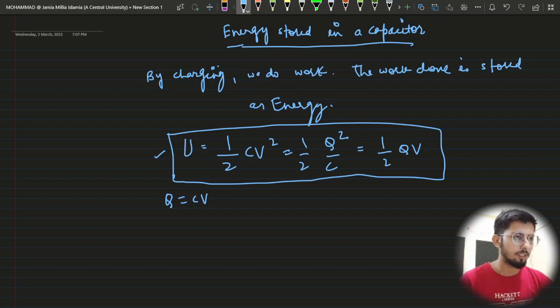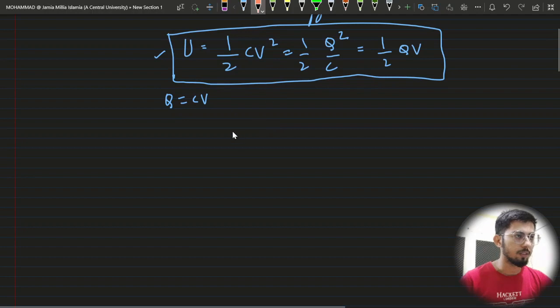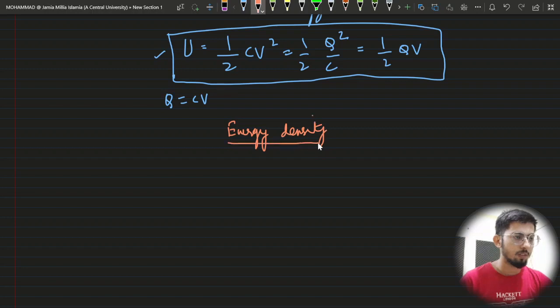There is another term that is widely used in case of capacitors, that is called energy density. What is that? Energy density is energy per unit volume.